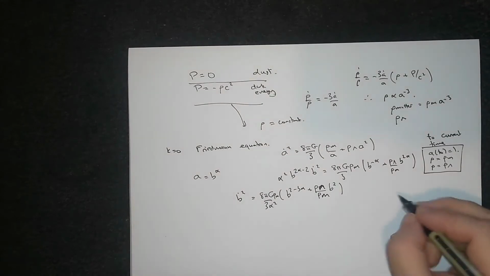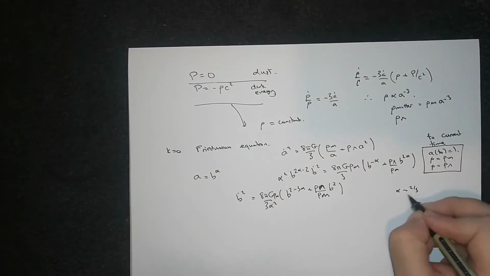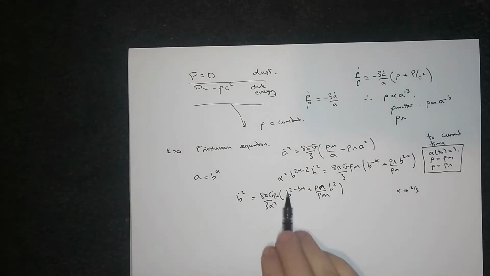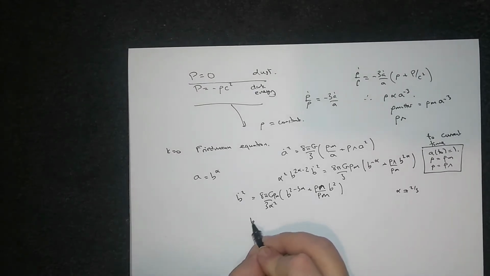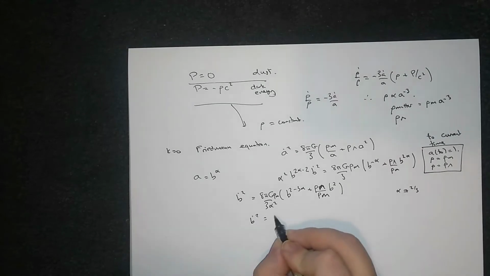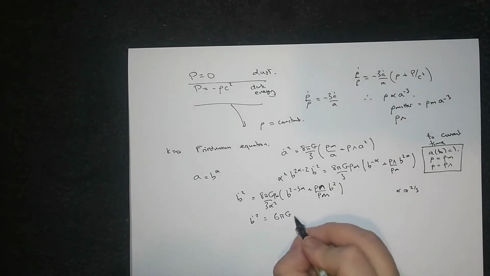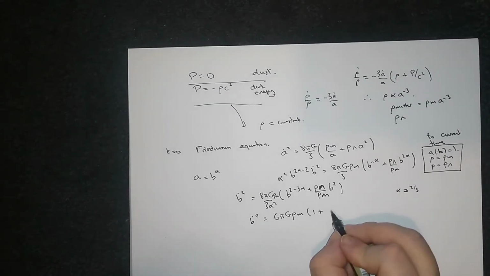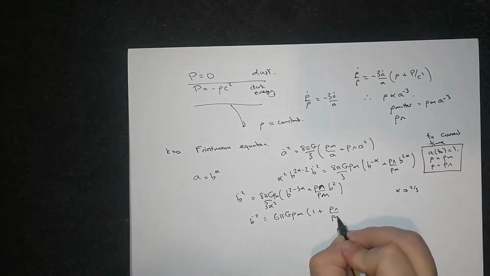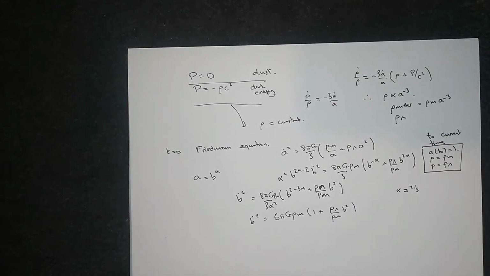Okay. If we take alpha to be equal to 2/3, then of course this thing becomes 1, and so we get b dot squared is 6 pi G rho m times 1 plus rho lambda over rho m b squared.